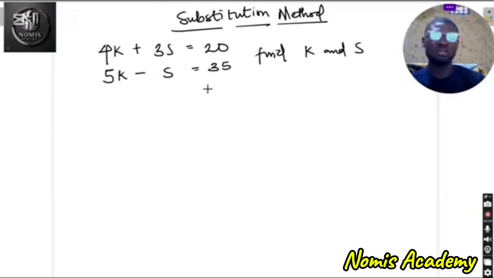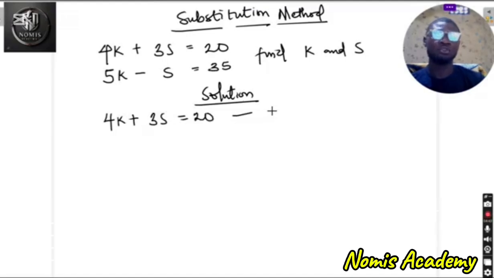Solution. From the equations given, I will number them and begin to find the values of k and s. I'll take 4k plus 3s equals 20 as equation 1. I'll take 5k minus s equals 35 as equation 2.